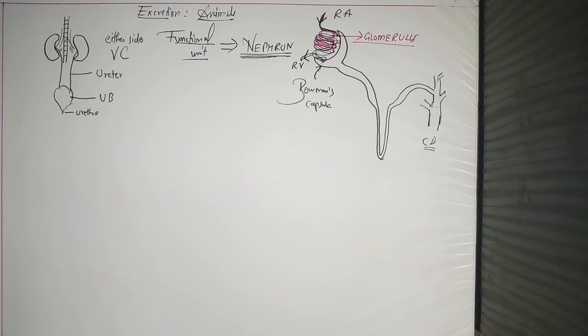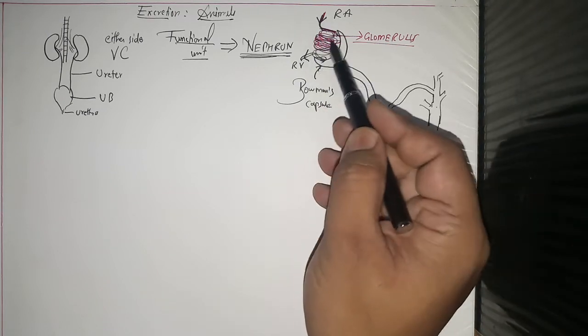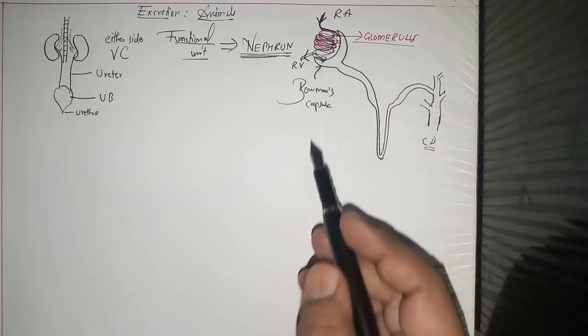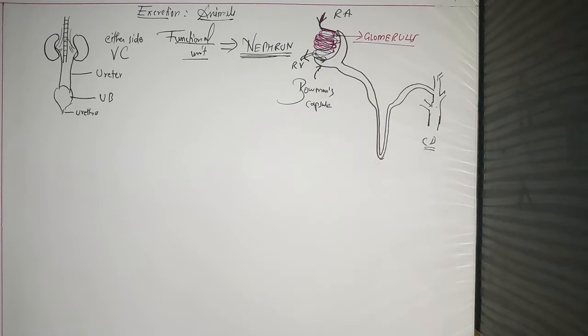This blood contains urea, which is a very harmful substance for us. This blood enters the kidney, gets into the glomerulus, and because of the tremendous pressure in it, it gets filtered out.